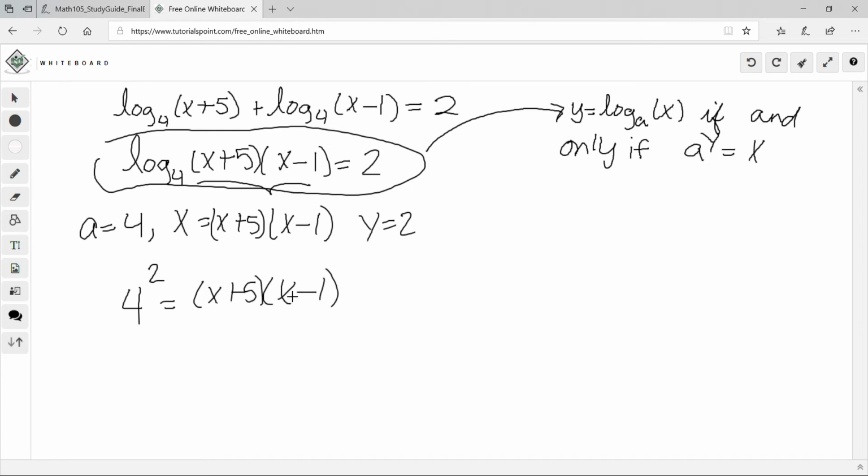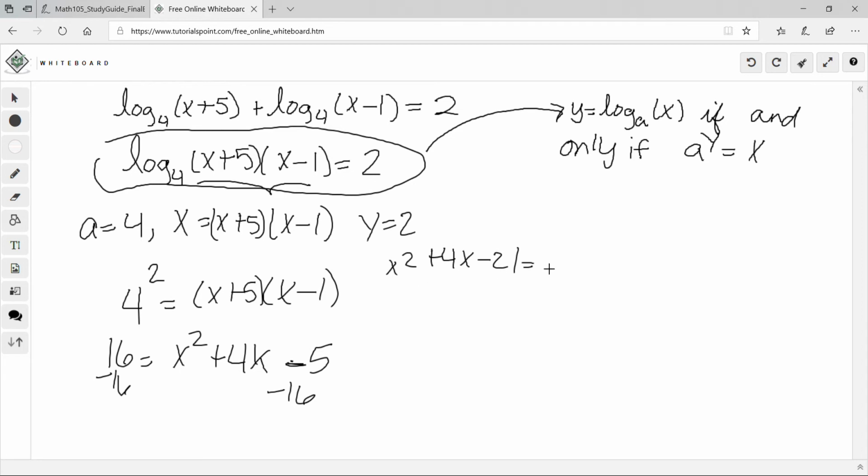Okay, so now let's solve for x. So it's going to be 16. This is going to be x squared plus 4x minus 5. Subtract 16, so you're left with x squared plus 4x minus 21 equals 0, and then you just FOIL it out.